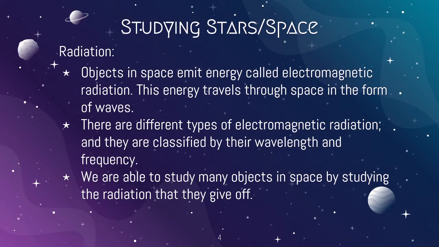Radiation is basically the energy that's emitted from the star. It's put on a scale called the electromagnetic spectrum, and you guys have learned about this before when we talked about UV radiation in meteorology.